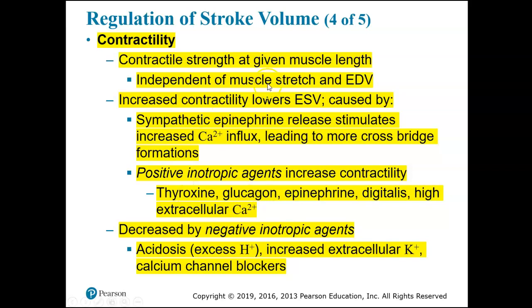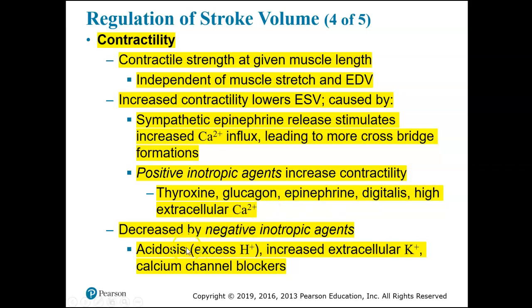Contractility is independent of the venous return and the EDV. So increased contractility occurs by sympathetic stimulation, by the hormone epinephrine, increased calcium, and positive inotropic agents like thyroxine, glucagon, epinephrine, digitalis, and high extracellular calcium.